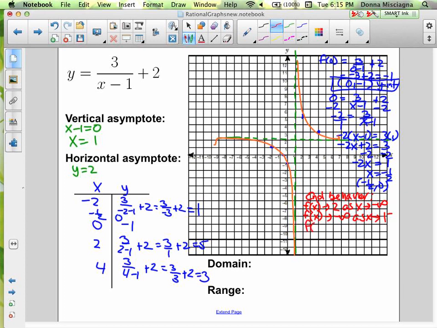It approaches positive infinity as x approaches 1 from the right-hand side. And then, of course, horizontal asymptote, f of x approaches 2 as x approaches infinity.